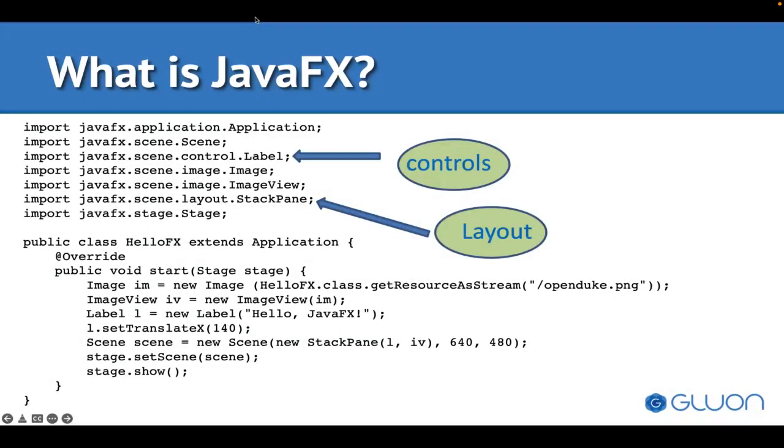Without going into detail about what exactly the programming model of JavaFX looks like, this is not a tutorial in JavaFX. It's, I think, important to understand that JavaFX contains a number of controls in the javafx.scene.control package, and a number of basic layout containers, which are in the javafx.scene.layout package.